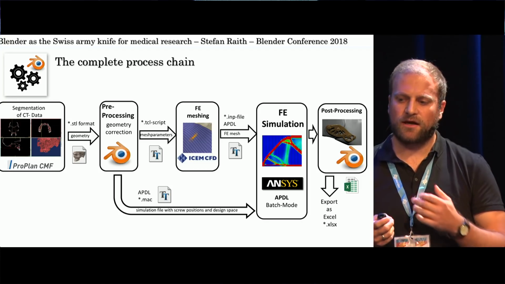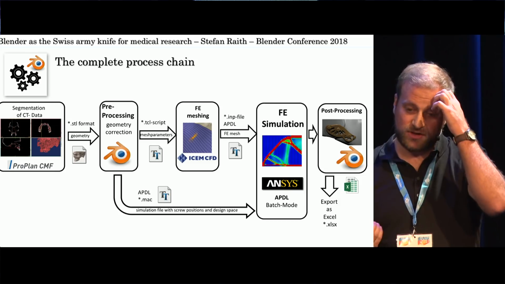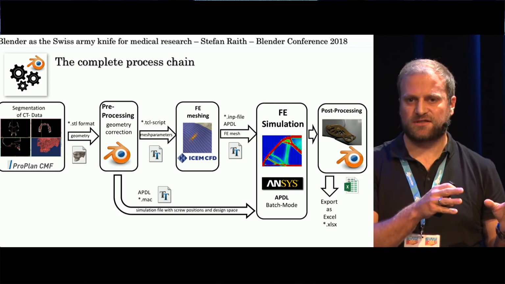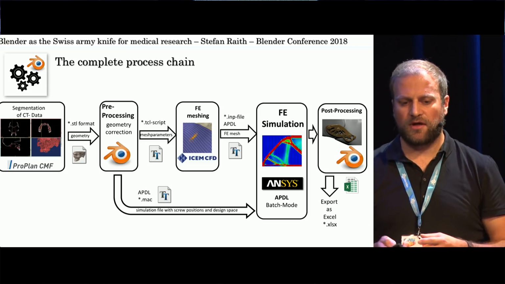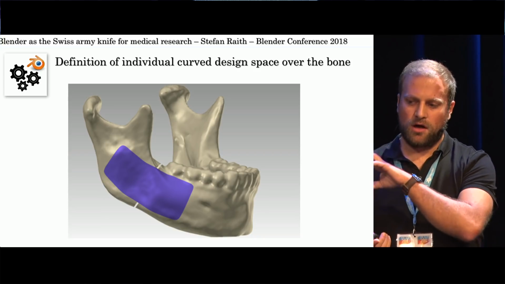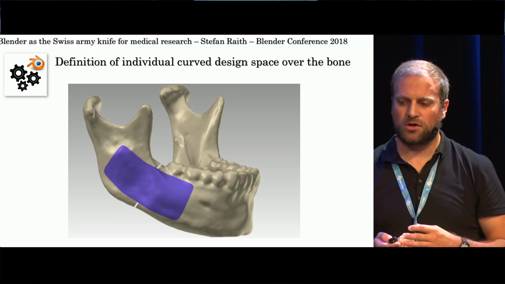And we now use this in the scope of planning of these individual implant plates, and here we have a very similar workflow, but with one exception. In the bottom, we also have the possibility, in the pre-processing step, to define the design space individually and also the screw configuration. So the design space would be above the surface of the bone as it is visualized here.